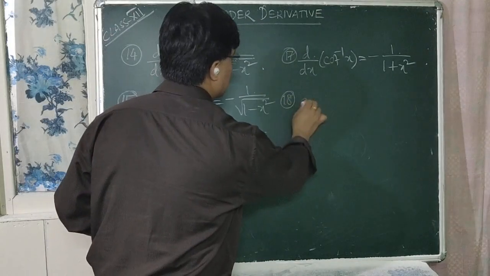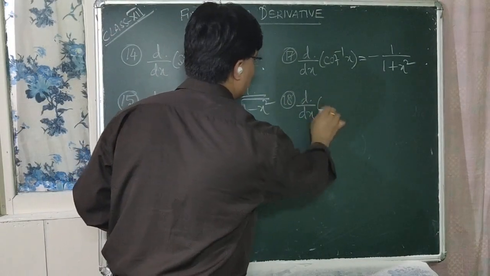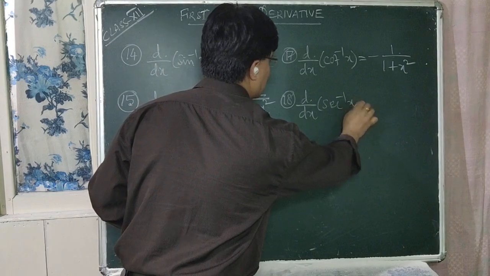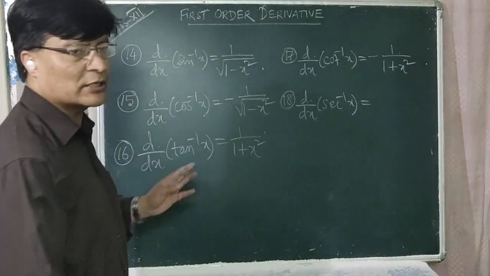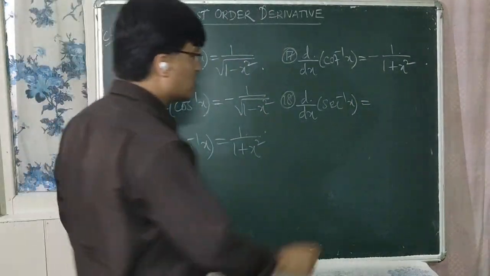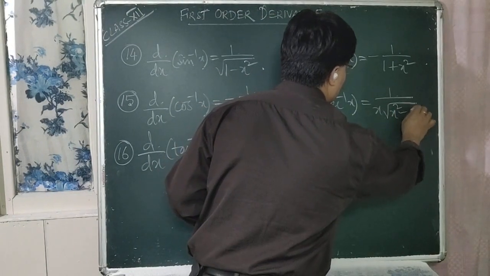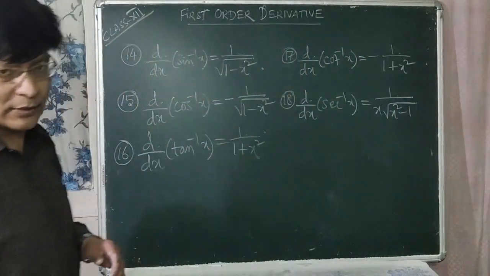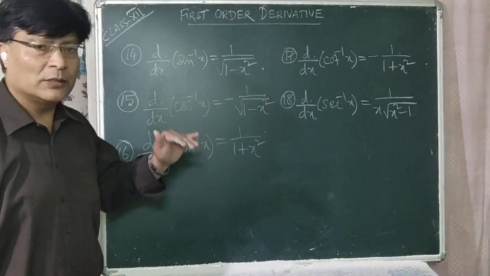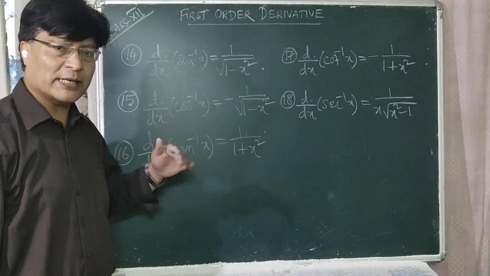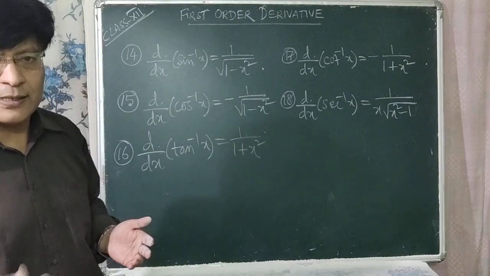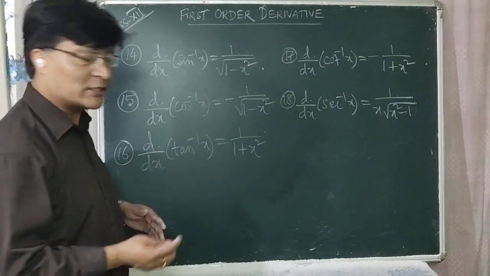So number 18, dy dx of sec inverse x. So you should know the differentiation of sec inverse x with respect to x. The formula is 1 upon x root over x square minus 1, right? And also the differentiation of cosec inverse x and sec inverse x are similar, but they are of opposite sign.